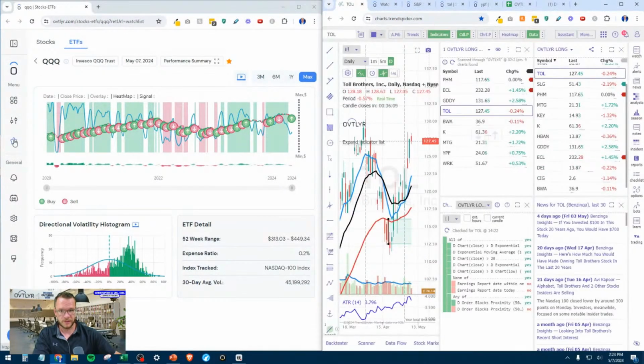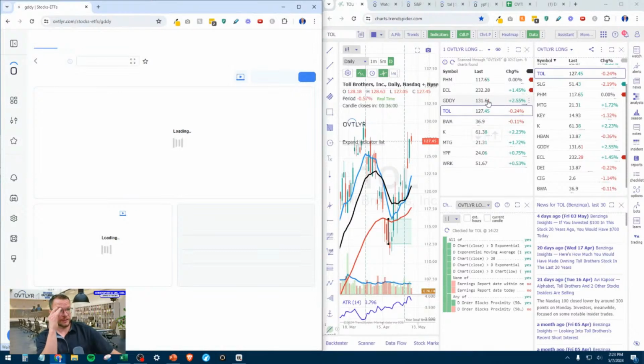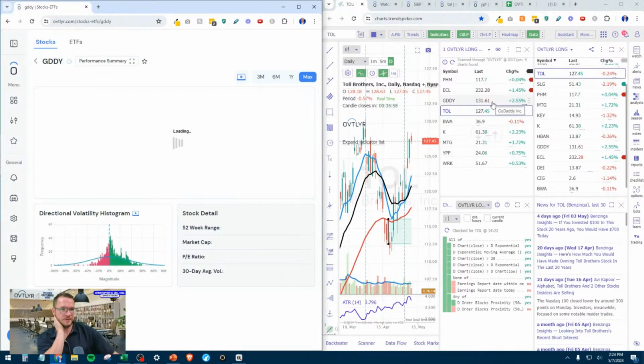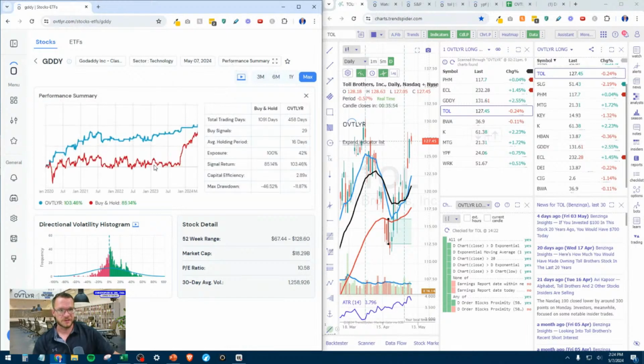Where do I type? Here we go. Let's start with G Diddy. I'm just looking for one thing, right? I'm looking to see if this has positive expectancy. If it does, then I won't mark anything on it. We'll consider it one we'll continue to look at, like that, 103%. So that looks good.